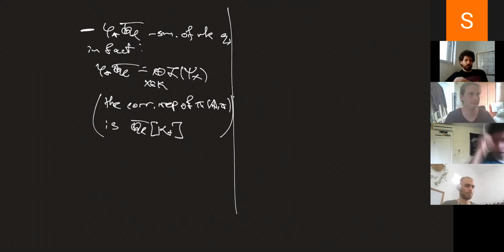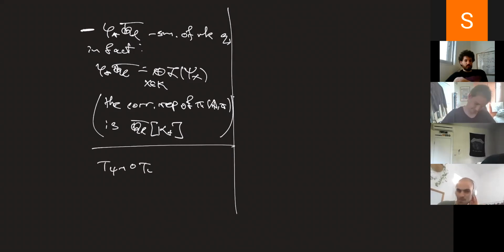Okay, this is kind of where it comes from, if you want. Yeah, so should I remind the statement of Fourier inversion, or do you all remember it? Yes, remind please. Okay, so it says that T psi inverse composed with T psi applied to G is G twisted by -1.